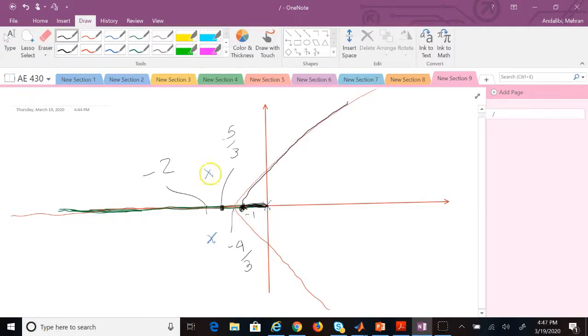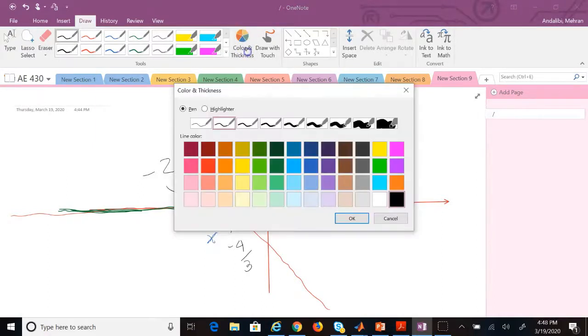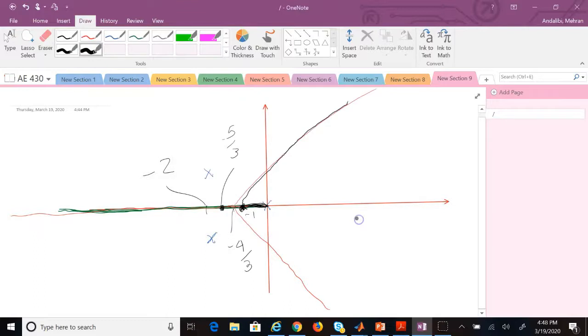What about these two? Clearly we have to start from them, and since everything on the real axis on the left belongs to the root locus, one of them at angle positive, and let me change the thickness a little bit for you. Let me use a thick thing for the root locus.